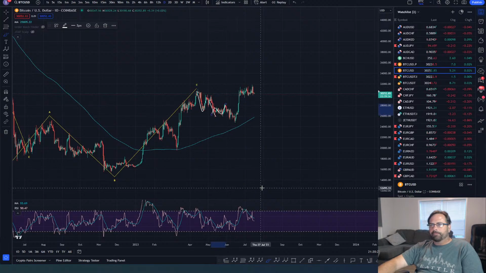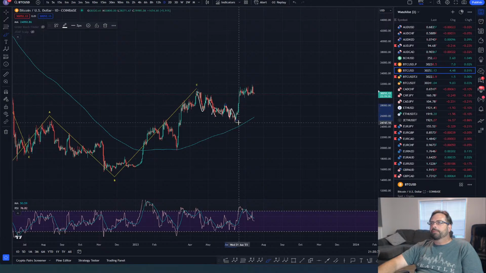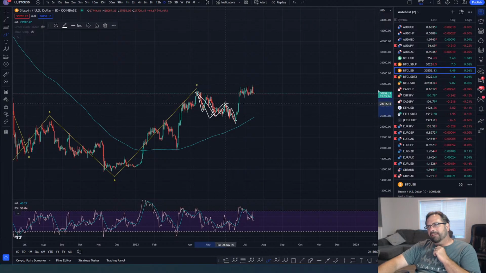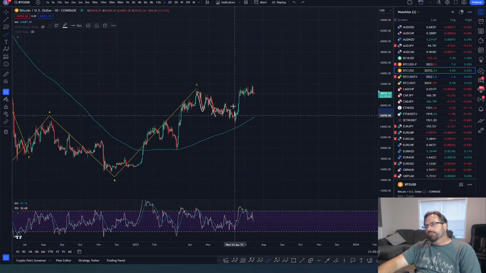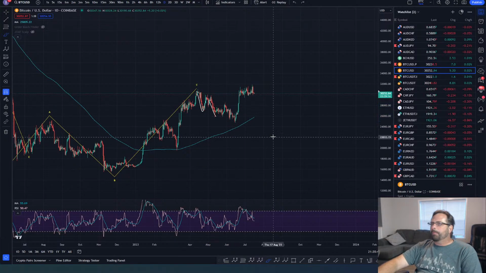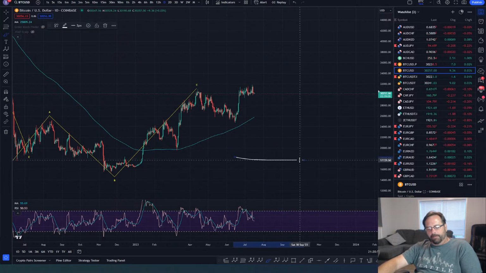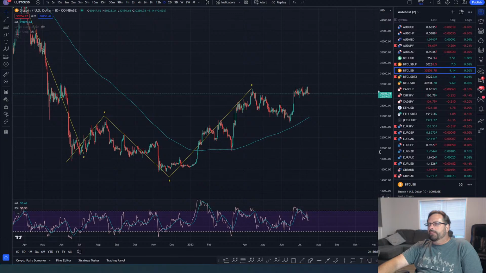Clear flat. Now, one might argue you've got three waves right there. The problem with looking at that entire thing as a WXY is that this Y wave, what we would consider a Y wave, is much too small and is not proportional, and the extension of it doesn't come low enough to really match the W wave.